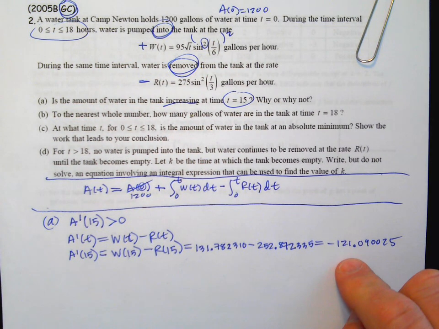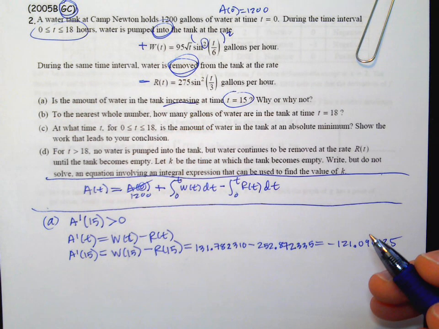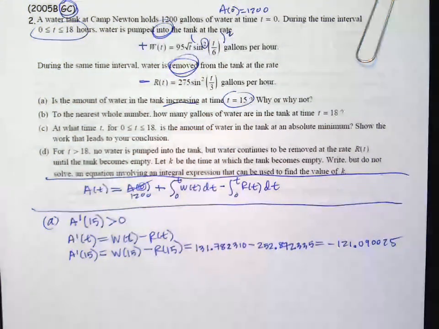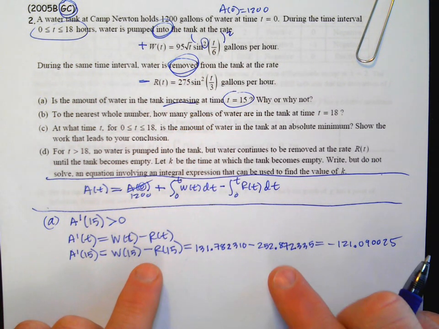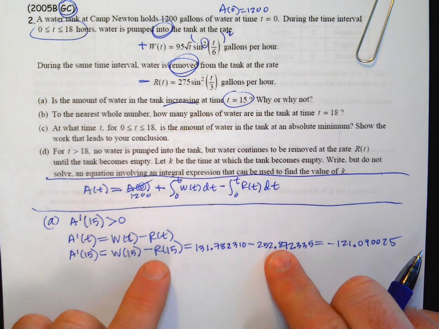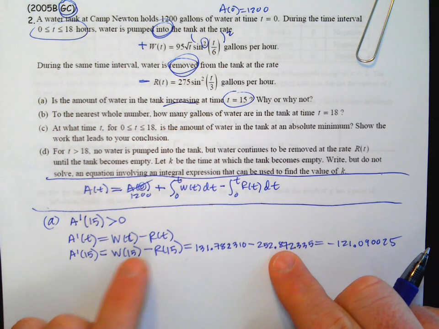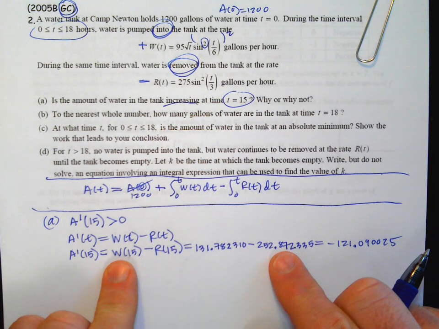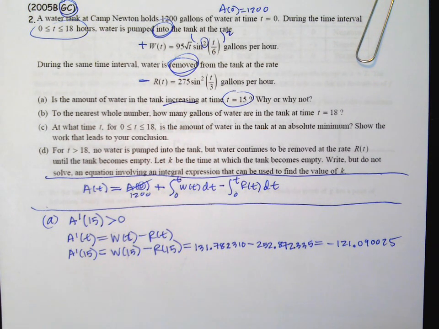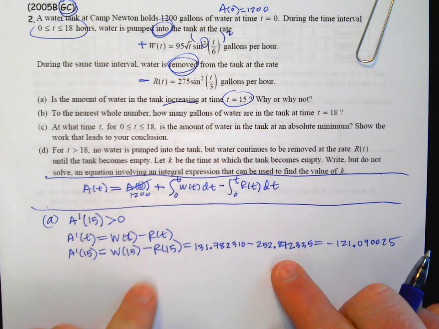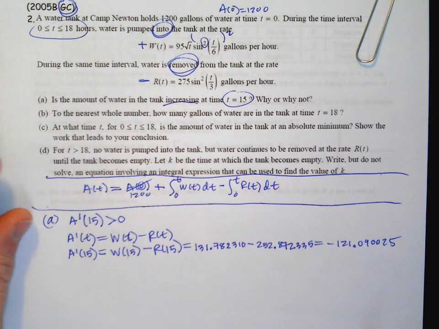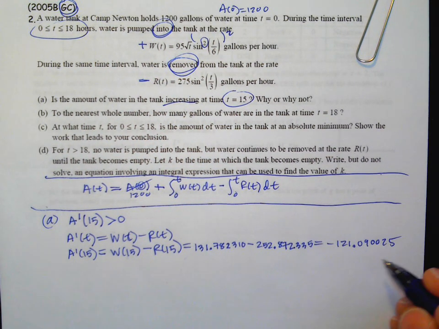Now, it clearly came out negative, so it's actually decreasing. And that's because the overall rate is negative. Or you could say the rate that water is being removed is greater than the rate that water is being pumped in. Therefore, it's decreasing. But you'd have these values here. You would reference these values in your work.